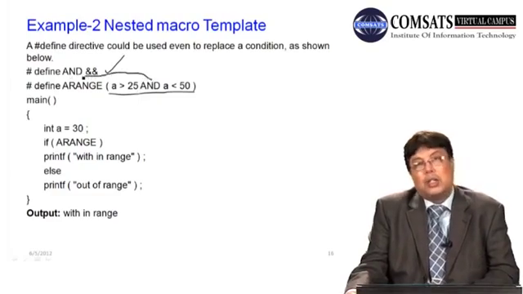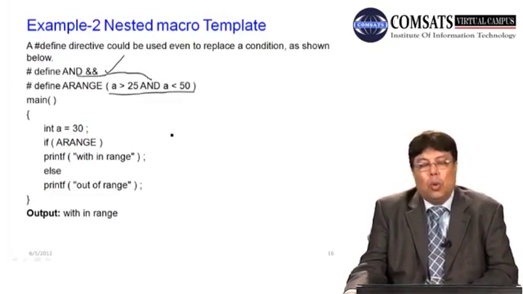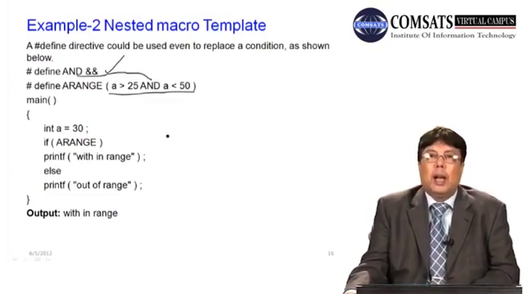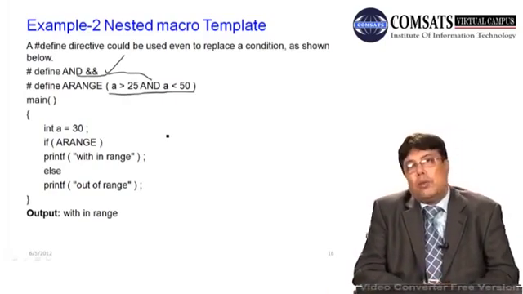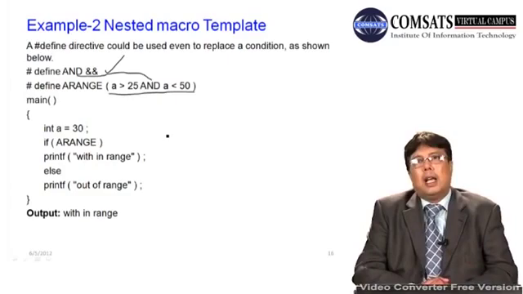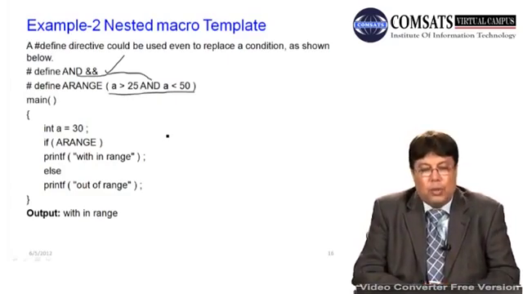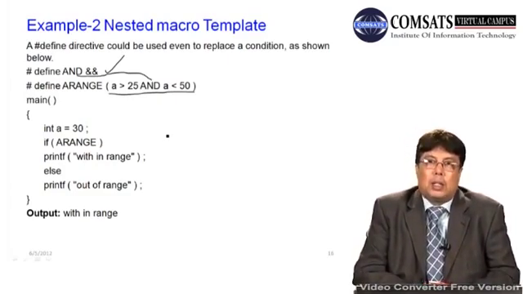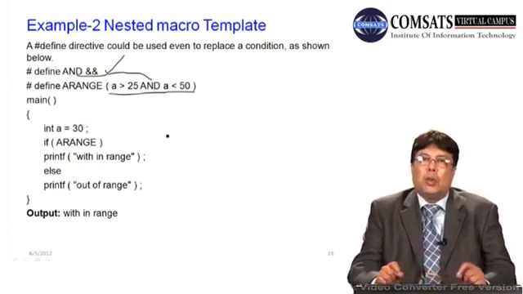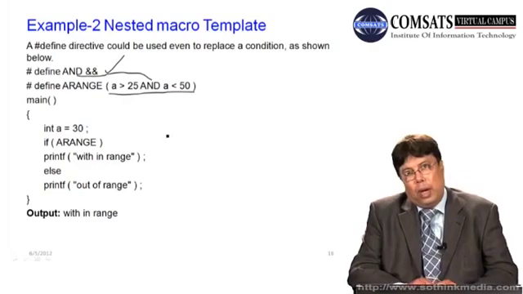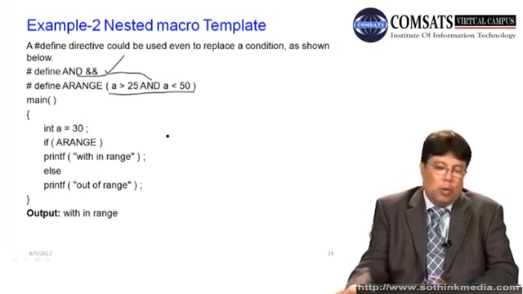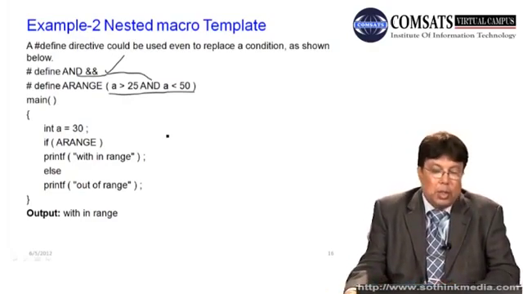This is called nested macro. So in this particular example we have done two things. एक तो we have demonstrated the use of nested macro, and second what we have done, we have used a complete test. If condition के अंदर का जो complete test है, we have defined it as a macro and we can directly use it in our program as we have demonstrated it here.